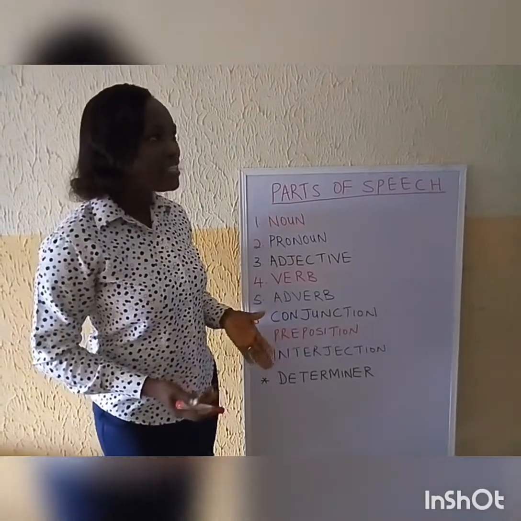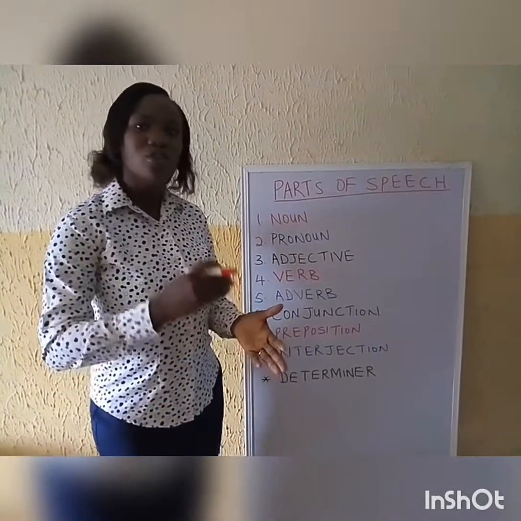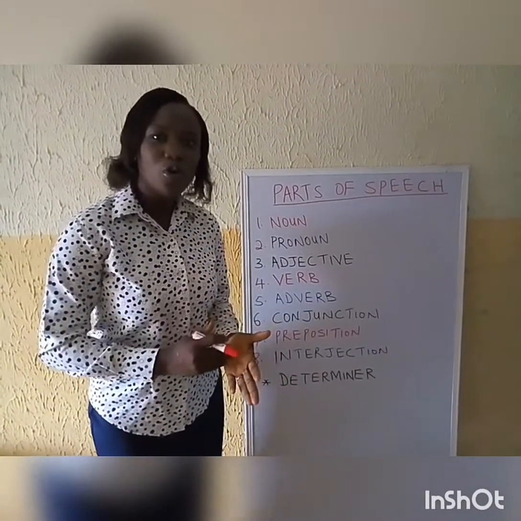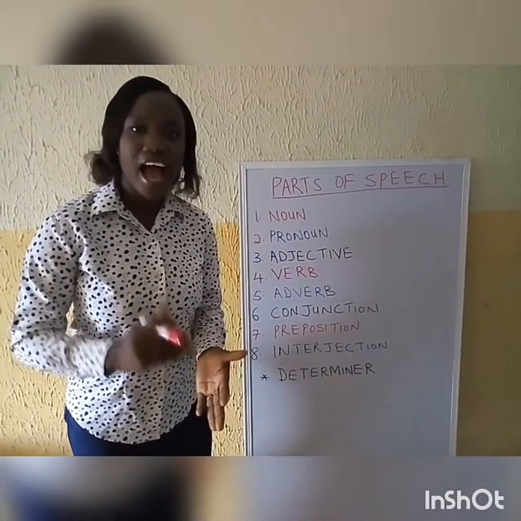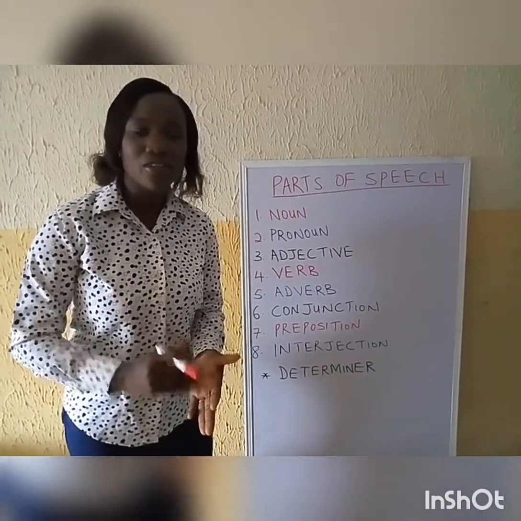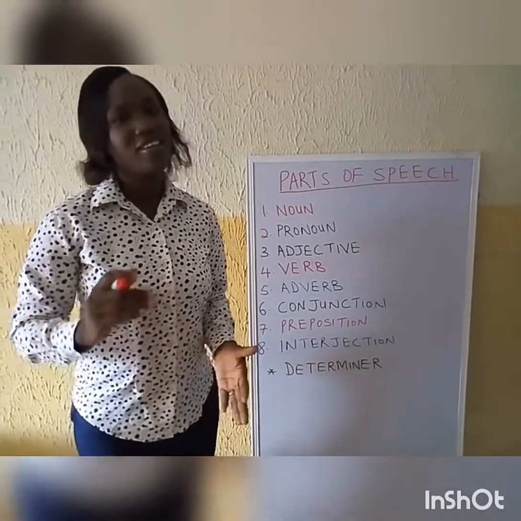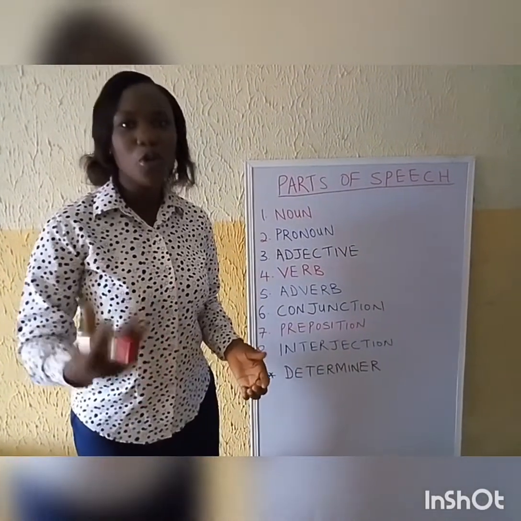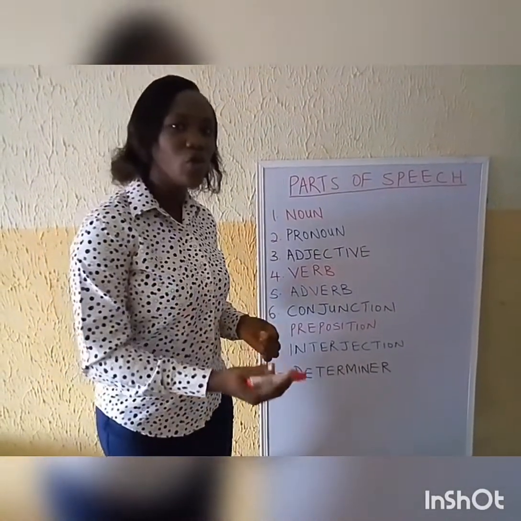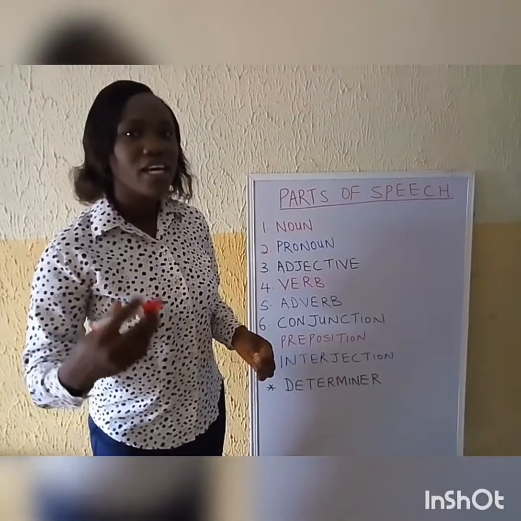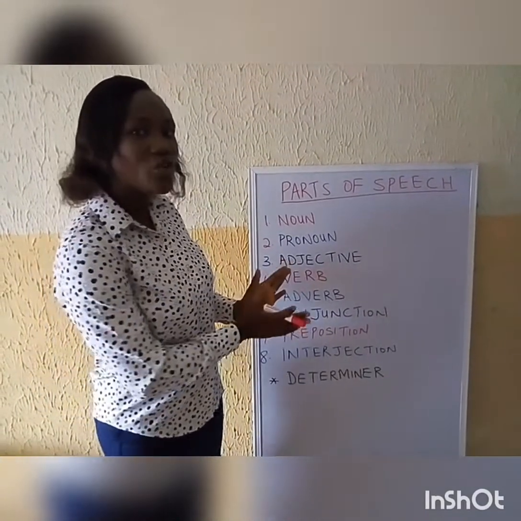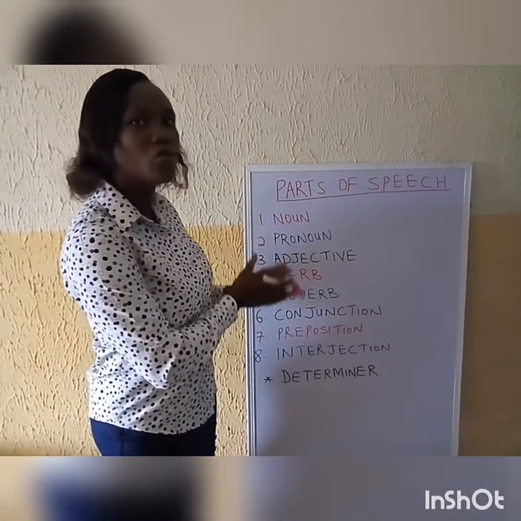Rather than saying Tolu goes to Tolu's friend's house to talk about Tolu's mother, rather than repeating Tolu, Tolu, Tolu, we replace Tolu with words that can actually indicate we are still talking about Tolu.